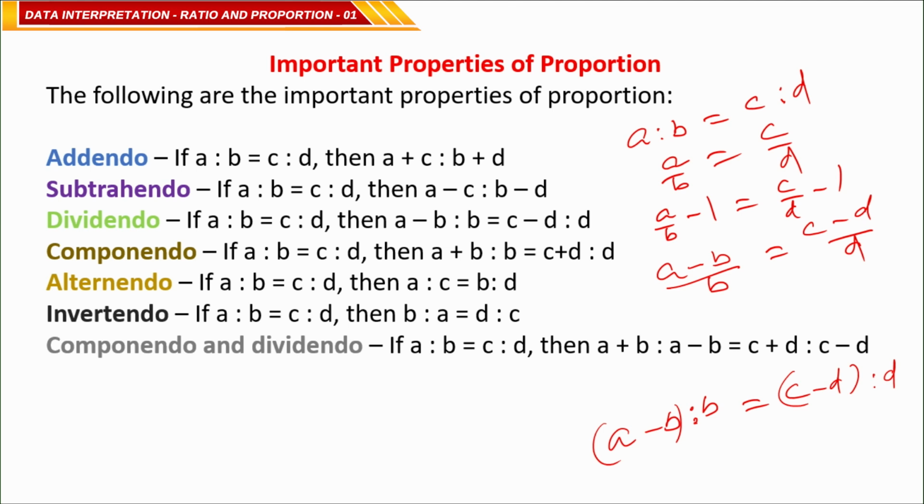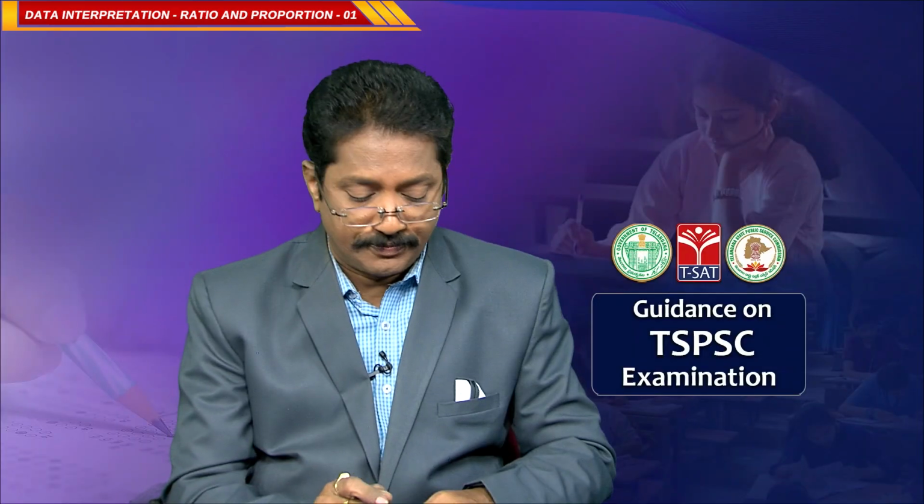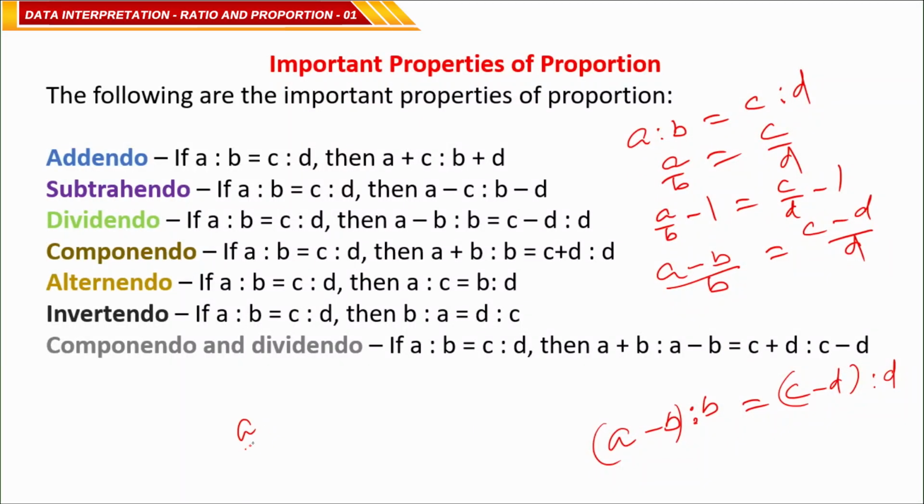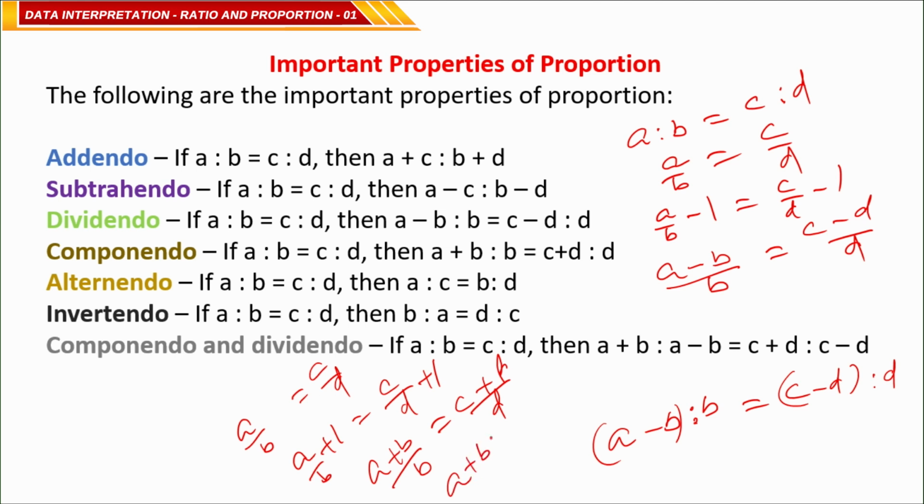Componendo. Here you have to add 1: A by B is equal to C by D, add 1 to it, A by B plus 1 equals C by D plus 1, meaning A plus B by B is equal to C plus D by D, or A plus B is to B is equal to C plus D is to D. That is it.